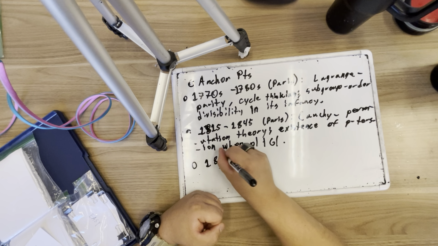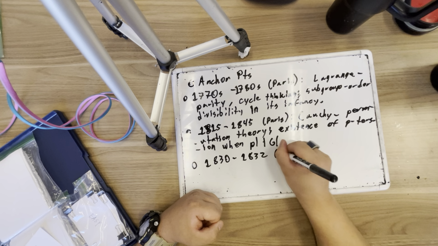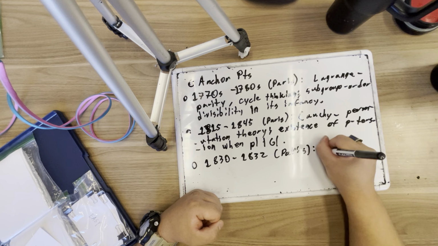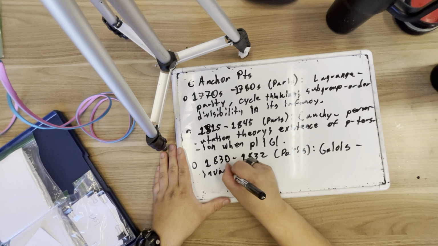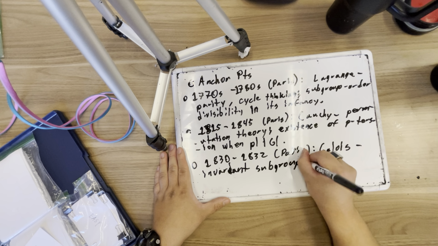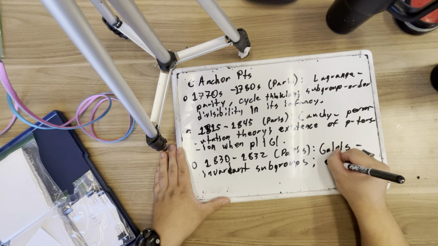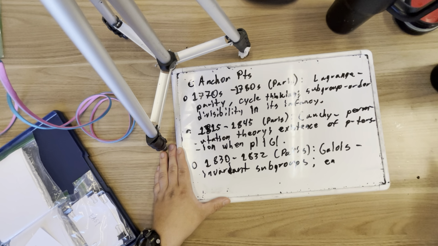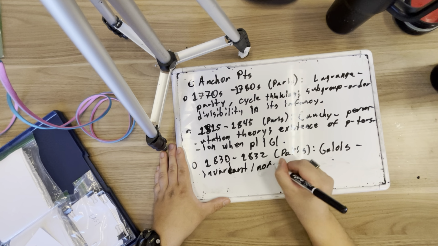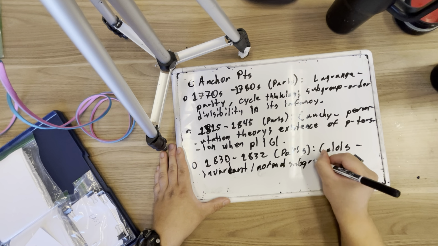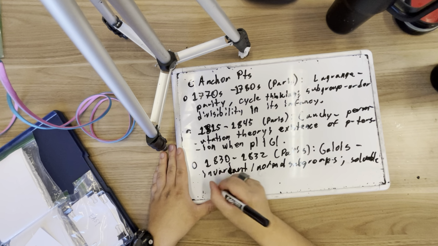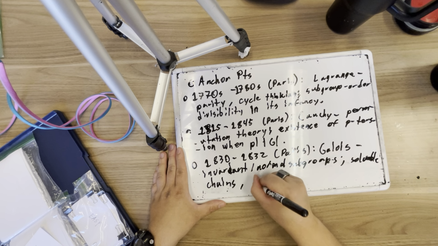And from roughly 1830 to 1832 in Paris, Galois introduces invariant subgroups, while invariant/normal subgroups bring solvable chains and quotient intuition.